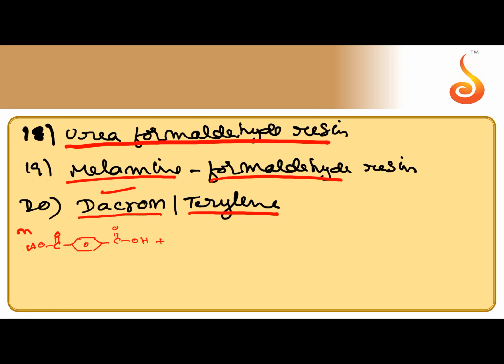When it is n number of ethylene glycol, CH2OH, n number. These two undergo esterification. So during esterification, OH comes from acid, H comes from alcohol. So these two get connected through ester bond.